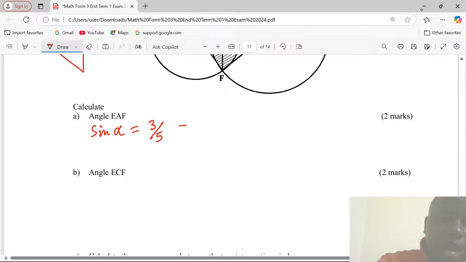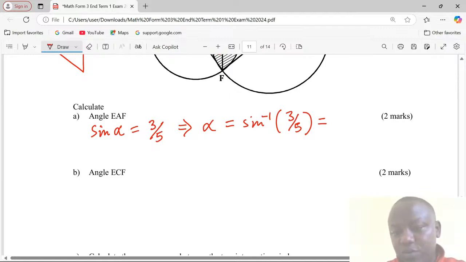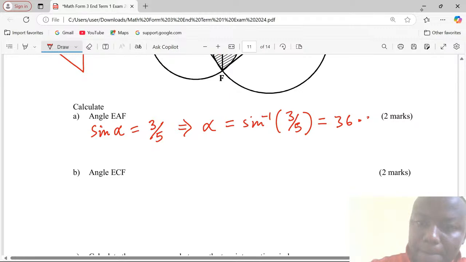So how shall we get alpha? We get alpha by taking the sine inverse of 3/5. This gives us what? Shift sine 3/5. This gives me 36.87 degrees.